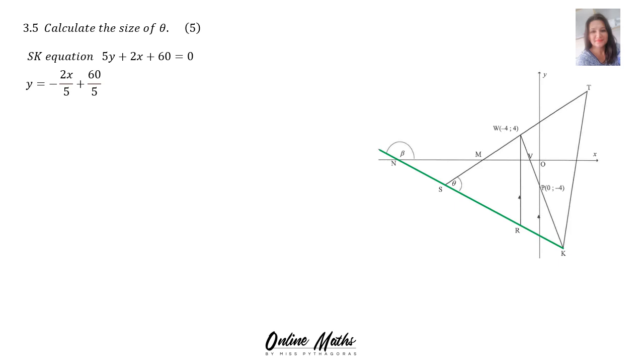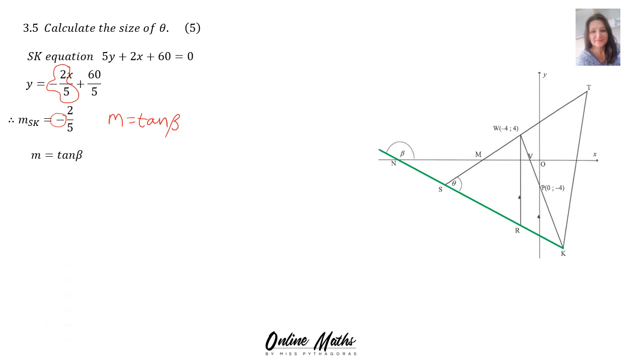I get the gradient of SK, and the gradient is negative 2 over 5, because this number in front of x, that one, that is what gives you the gradient. Now for now, we're going to just ignore the negative and we are going to use m is tan, let's call it beta, if you want to work out what the angle there is.